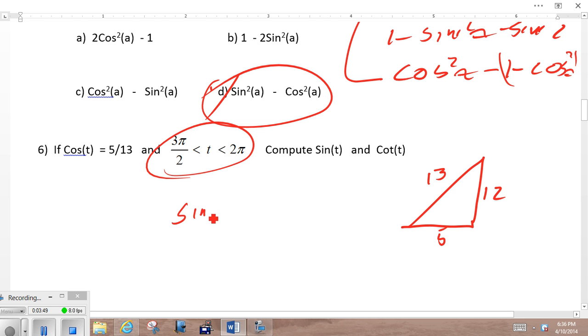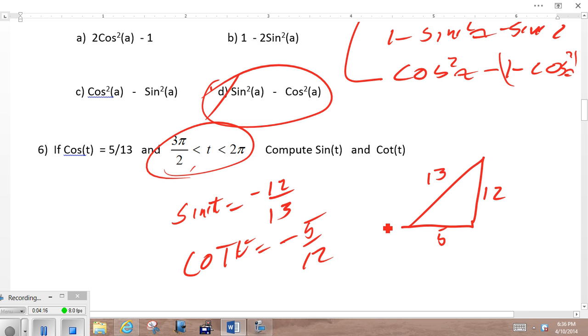The sine of G is going to be negative 12/13. And the cotangent is going to be in the, I'm sorry, this is in the fourth quadrant, right? Fourth quadrant, sine's still negative, and the cotangent is likewise going to be negative. Okay, which cotangent is reciprocal to tangent, so that's the adjacent over this. That's 5/12 negative. Right.